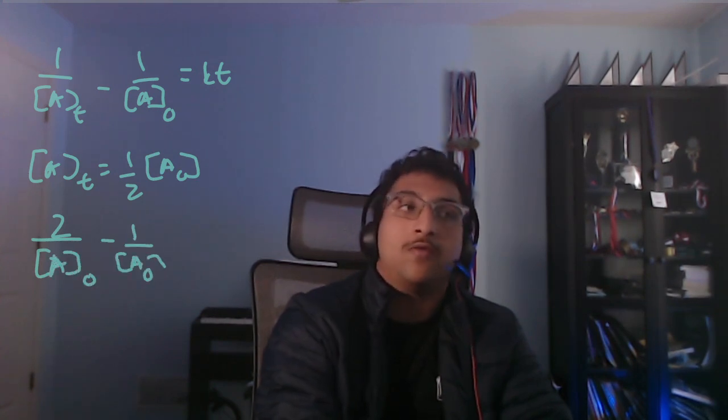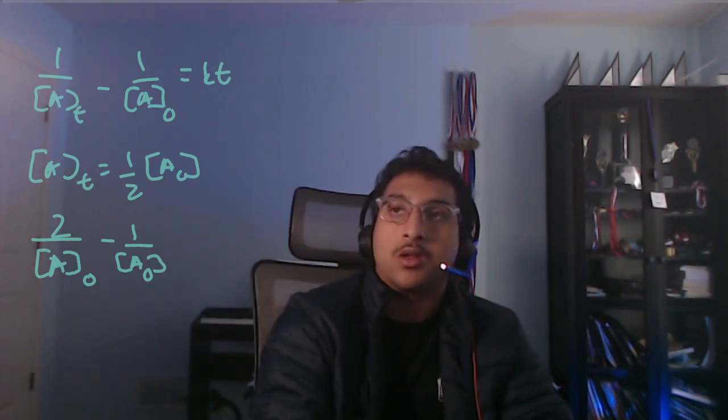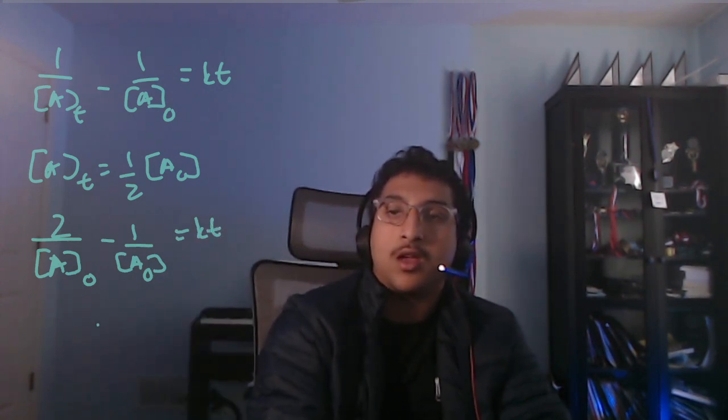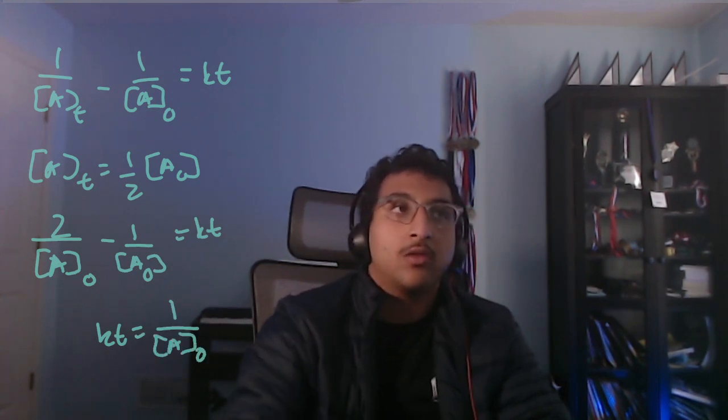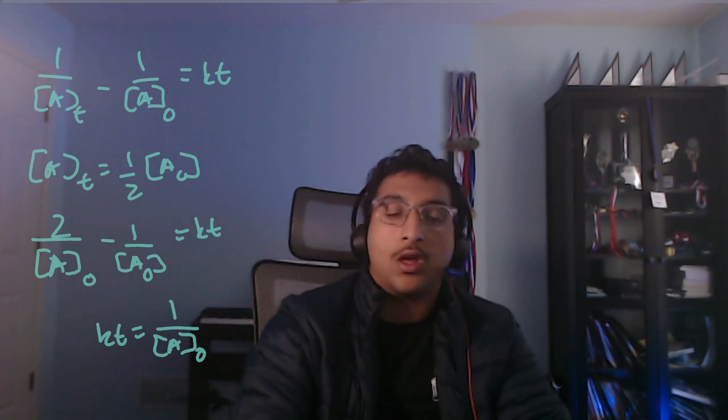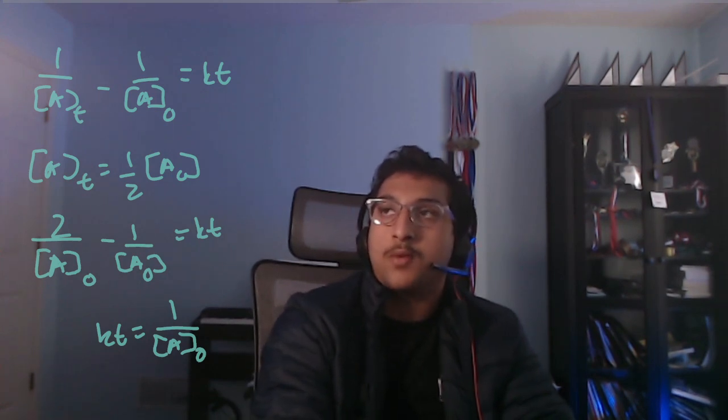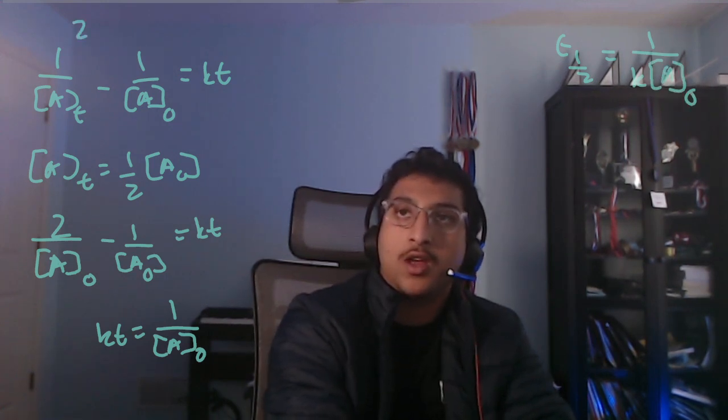Same denominator, so we can combine these two, and it equals K times t. So K times t is equal to 1 over A0. Just to make sure, the half-life is going to be 1 over K times A0. This is for a second order reaction.